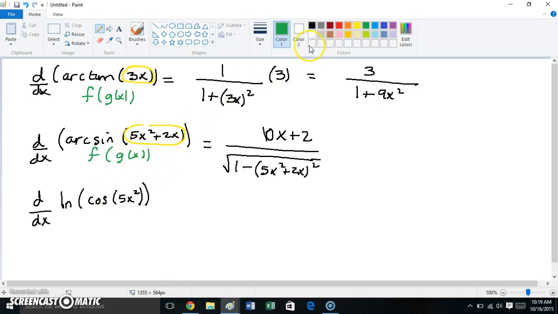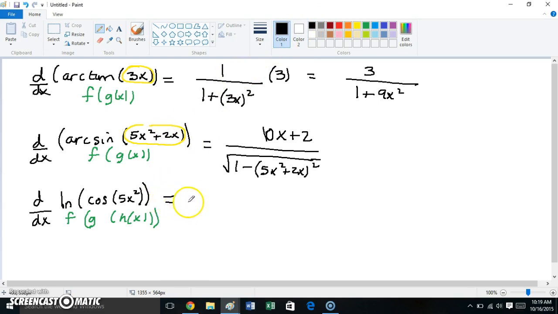In this last example, we actually have a composition of three functions, f of g of h of x. So we are going to need to apply the chain rule 2 times rather than just once.